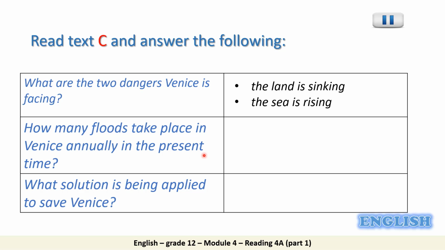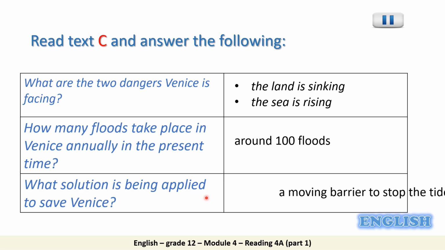Today, these days, around 100 floods take place every year in Venice. What solution is being applied? Super. Scientists are trying out a solution, and it is a moving barrier that is meant to stop the tide.